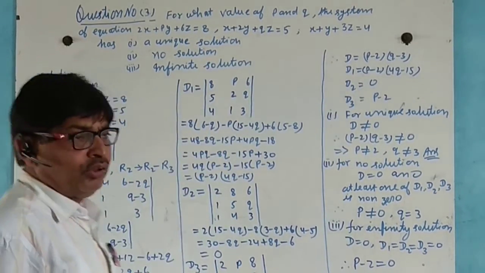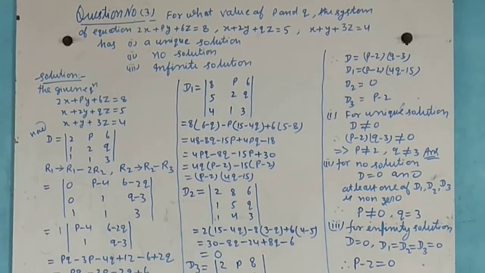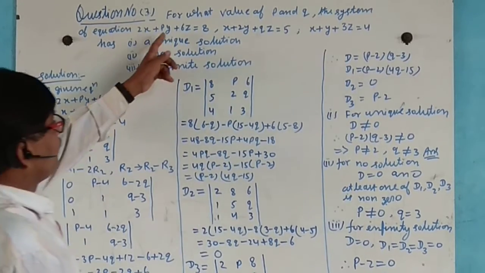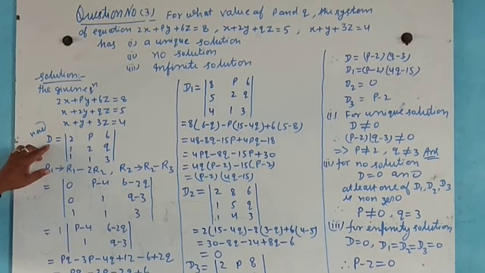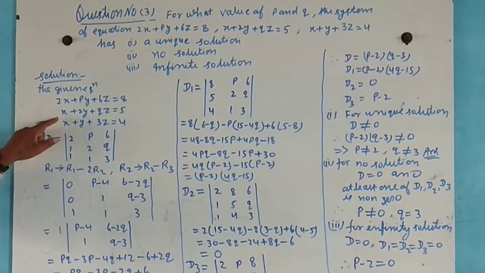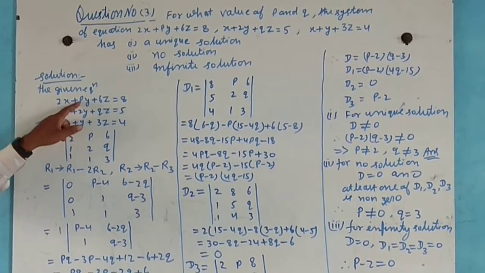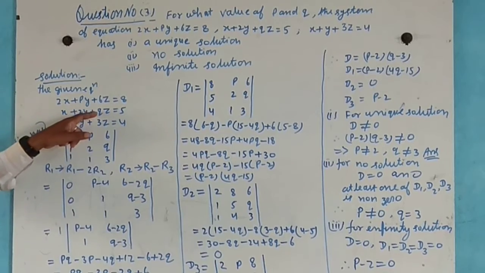First of all, we calculate the value of the determinant formed by these equations, so that d equals the determinant with rows 2 1 1, 1 p 2, 1 6 q 3.